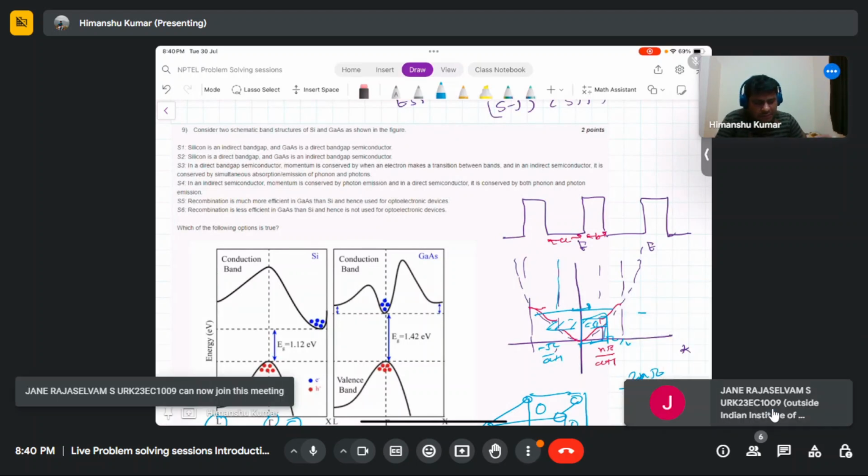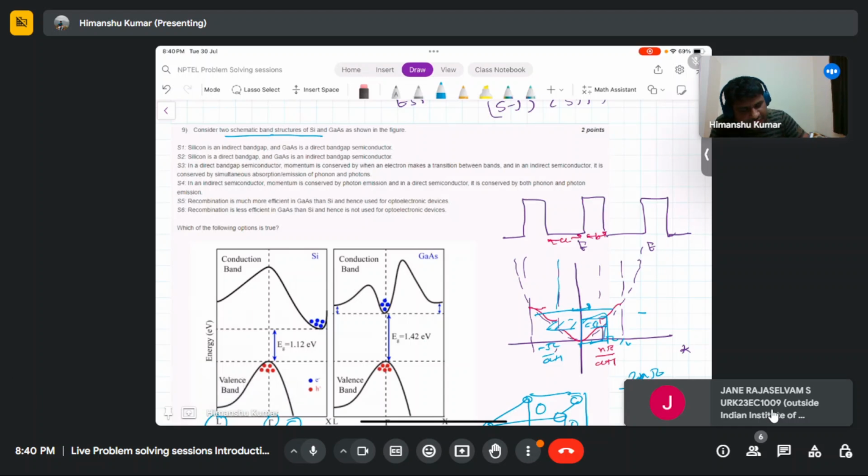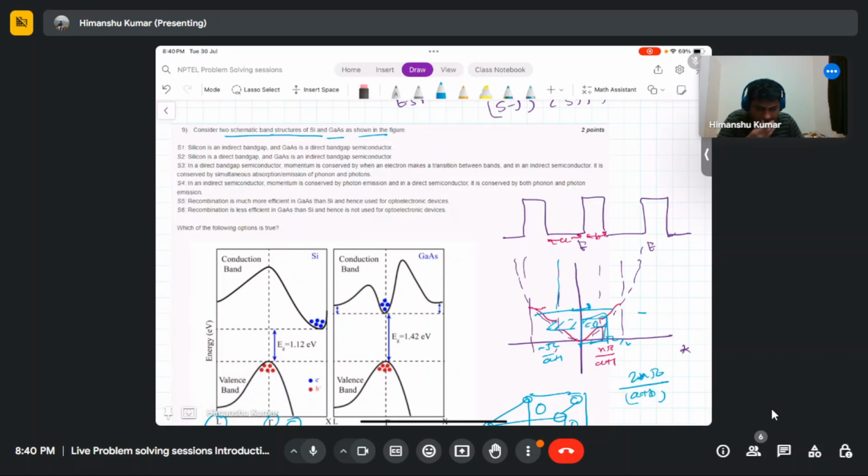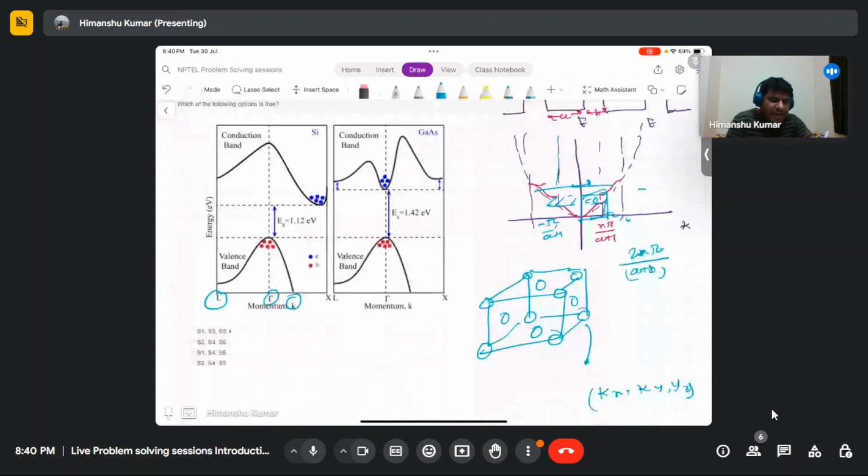So consider the two band structures of silicon and gallium arsenide shown in the figure. Silicon is an indirect band gap material and gallium arsenide is a direct band gap material.